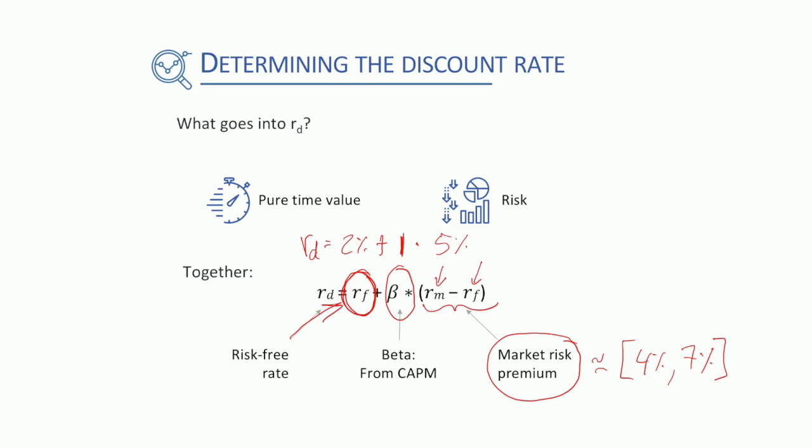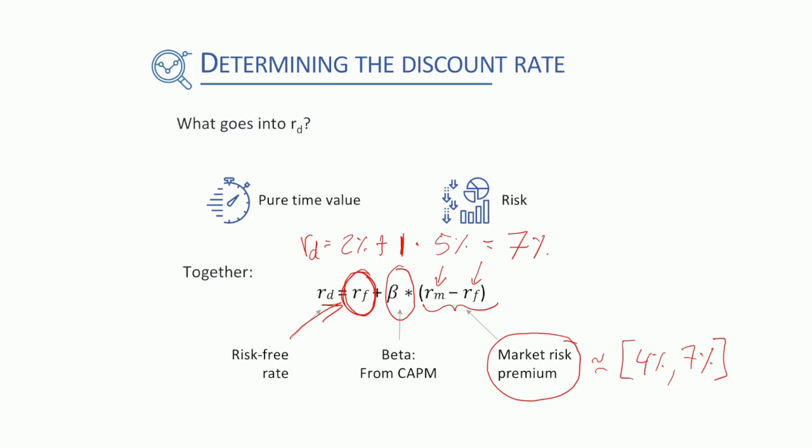Any number between 4 and 7% is reasonable, which will give you inevitably a range for the correct discount rate for this firm. So if these are the inputs, then you would say that the discount rate for this firm would be 7%. The discount rate for the cash flows produced by this firm.